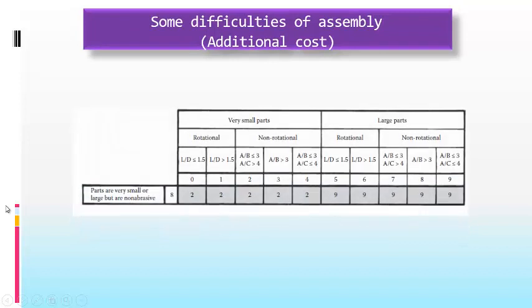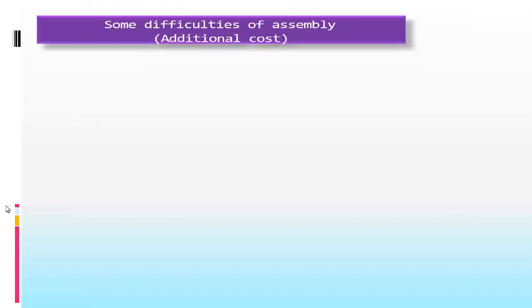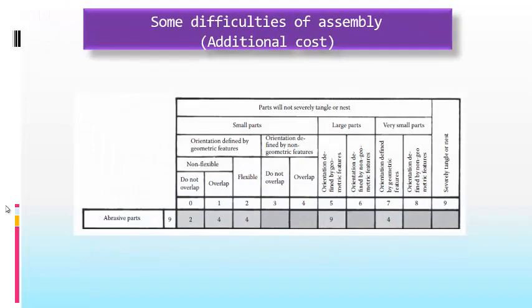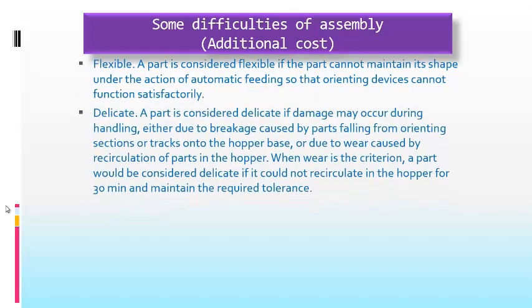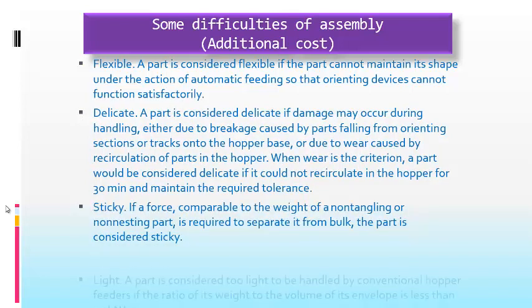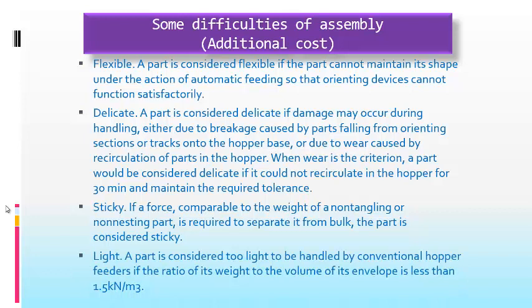And here parts can also be very small to handle by the machine, abrasive, and so on. Actually, those main features, flexible, delicate, sticky, light, will make it difficult for the machine to handle or for the feeder to feed.